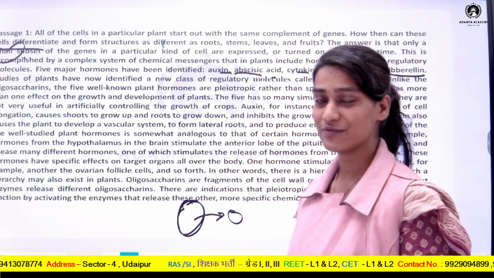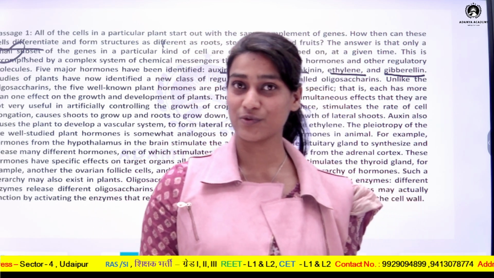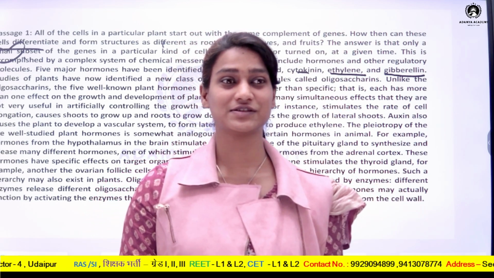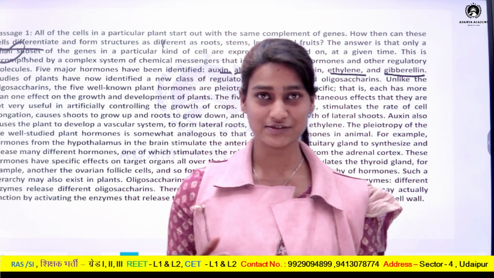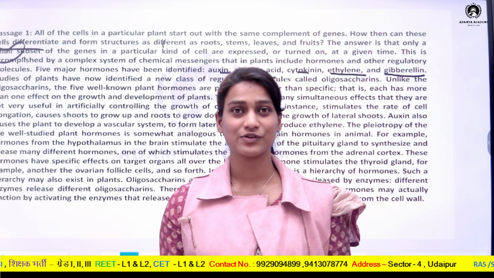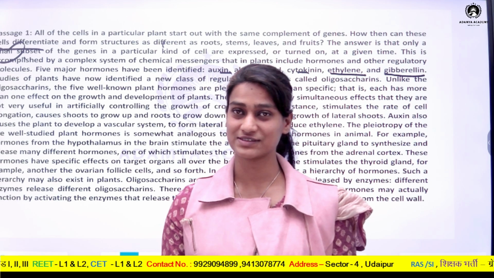So what is the meaning of auxin? Auxin means to grow. A plant also needs to grow from a seed, then it will turn into a shoot, then it will have leaves and branches and stem, and so on. So the hormone responsible for growth in plants is auxin.